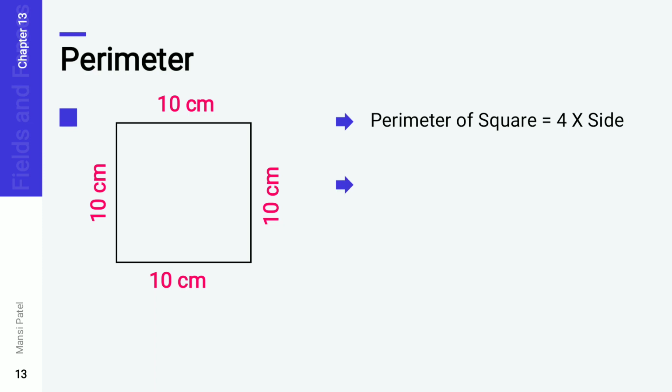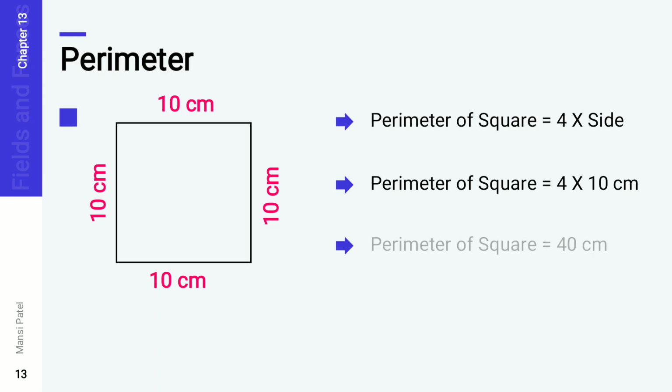What is the measurement of one side? Yes, the measurement of one side is 10 centimeter. So do the multiplication. 4 multiplied by 10 centimeter. So 4 tens are 40 centimeter. This is the answer. Now let us see one another question.